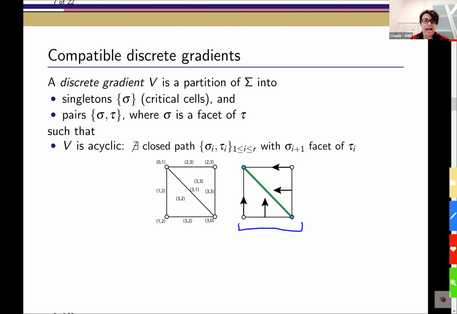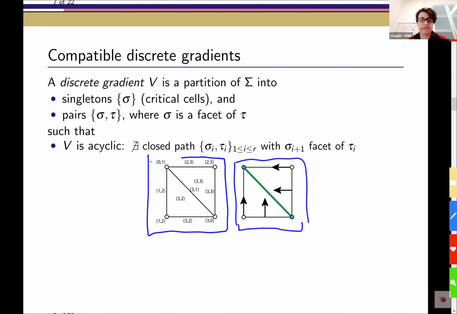So in this example, the colored simplices are critical, the rest are paired simplices. And in order for this vector field to be a gradient, we also need that the vector field is acyclic, which means that we can't form a closed path following the gradient. And what does it mean that this gradient is compatible with the function defined on the simplicial complex?